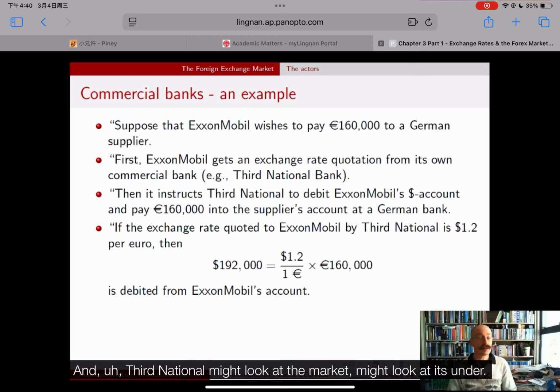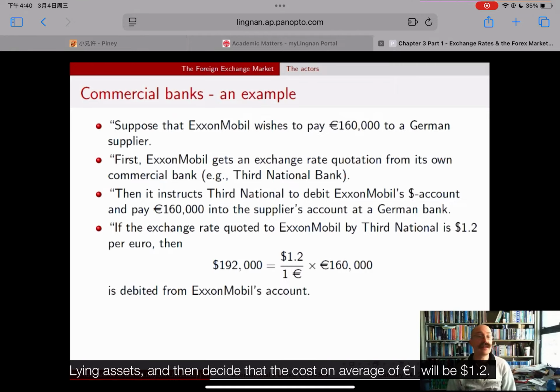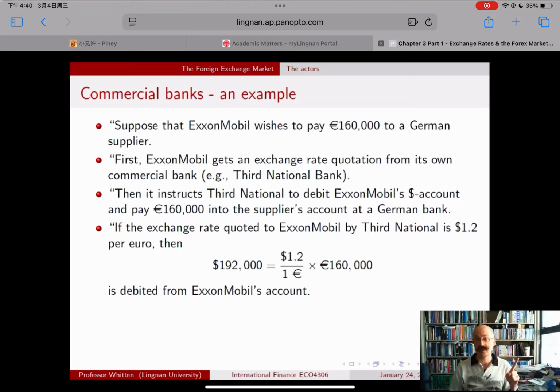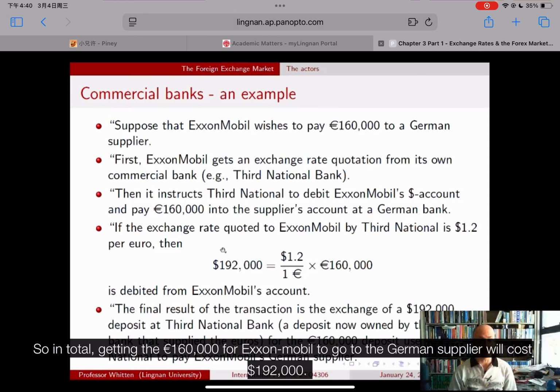And Third National might look at the market, might look at its underlying assets, and then decide that the cost, on average, of €1 will be $1.2. So in total, getting the 160,000 euros for ExxonMobil to go to the German supplier will cost $192,000.